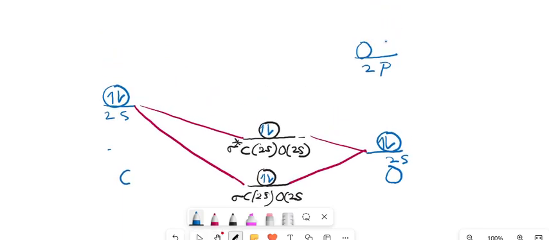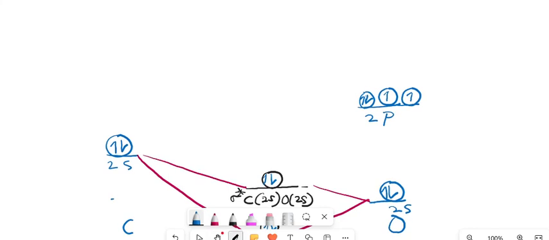So we will show the 2p orbitals of oxygen as 2px, 2py, and 2pz, having 4 electrons: 1, 2, 3, and 4. Now this 2pz and 2s orbitals of the oxygen get intermixed together.